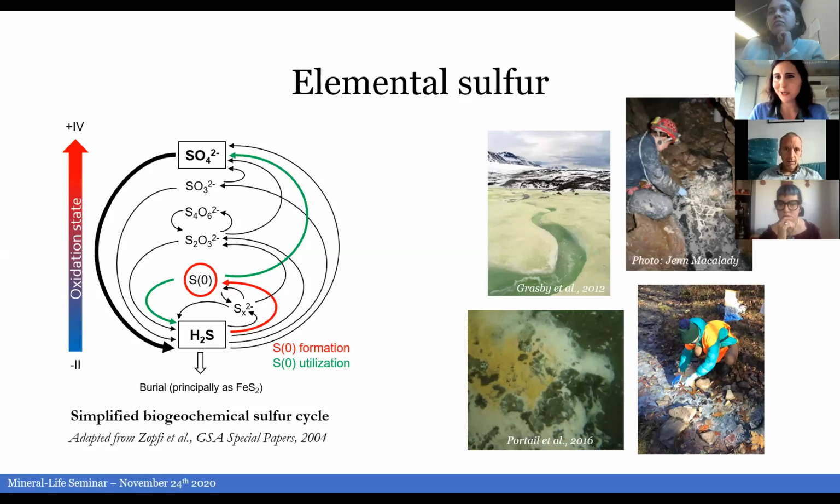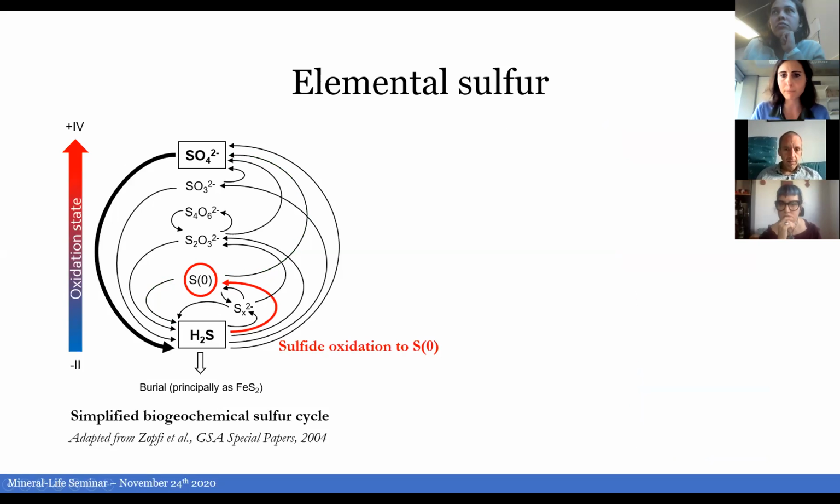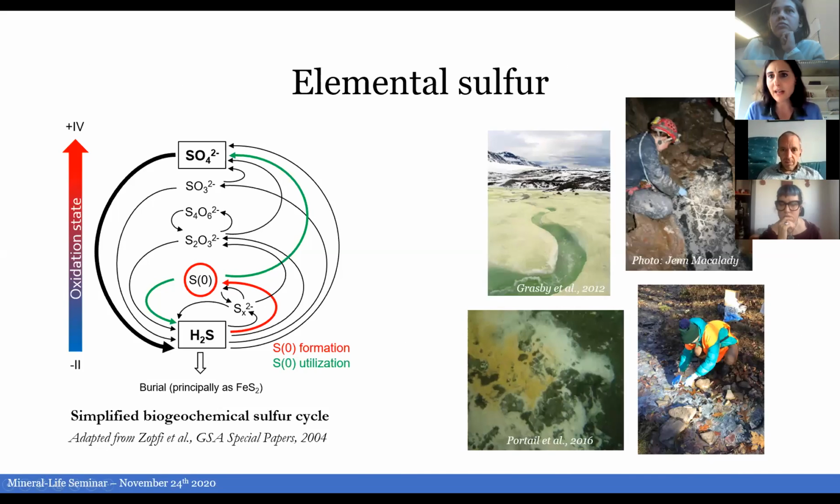So here I'm just showing you a few examples of what sulfur looks like in the environment. You can actually find it in a wide diversity of environments. So here you can see sulfur in yellow at the surface of some ice in the Arctic. You can see yellow sulfur here at the bottom left at the surface of marine sediments.